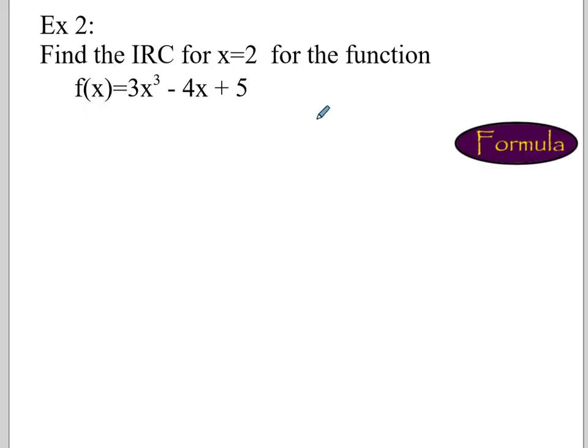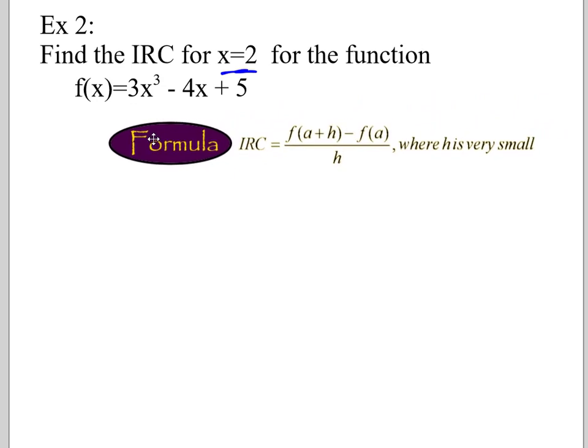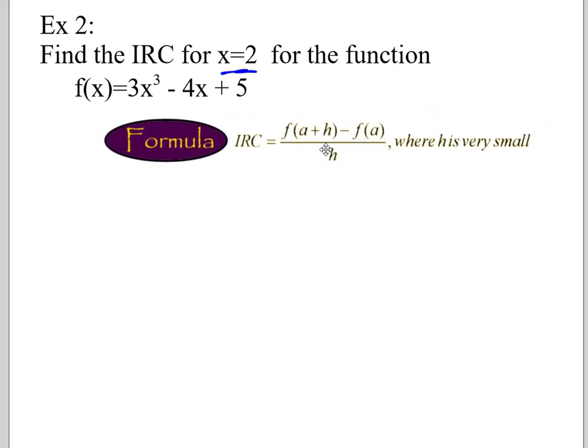Now if we do an IRC, it's very much the same process, but you'll notice instead of giving an interval, you're just given one value. So we choose another value that's really close to it. So our formula for IRC was our difference quotient. And you remember the h was really, really small. So we do the same thing. Pick a value that's really close to x equals 2.